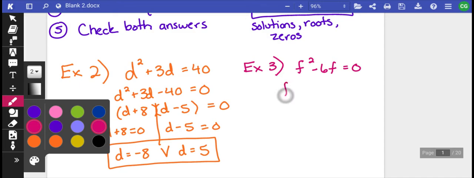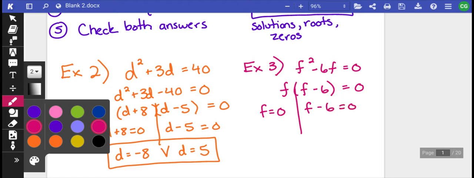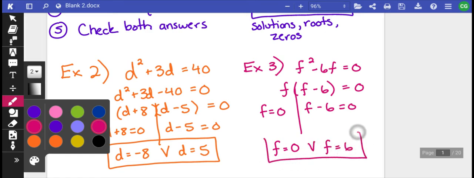They both have a common factor of f. So f times f minus 6 equals 0. Now set these both equal to 0. So f equals 0, f minus 6 equals 0. So f equals 0 or f equals positive 6.